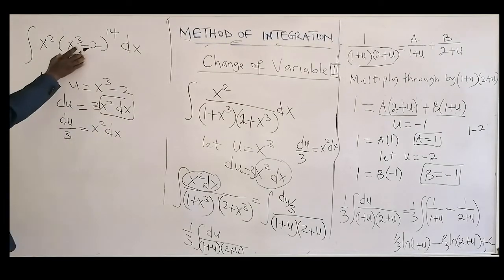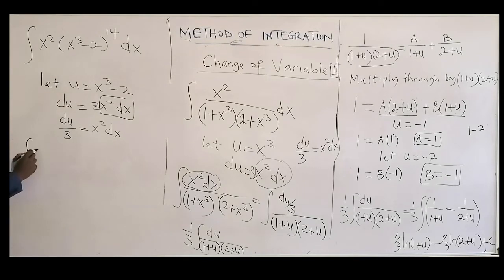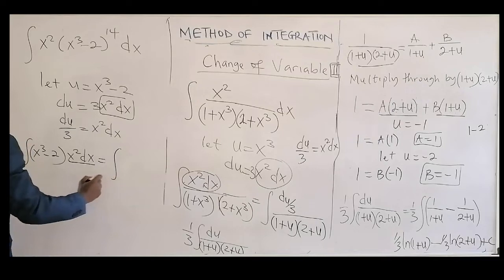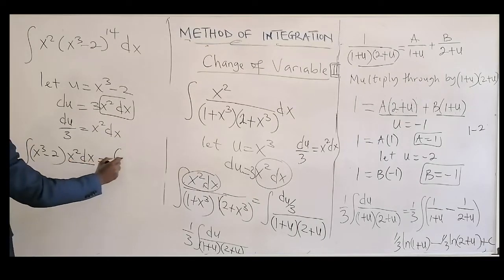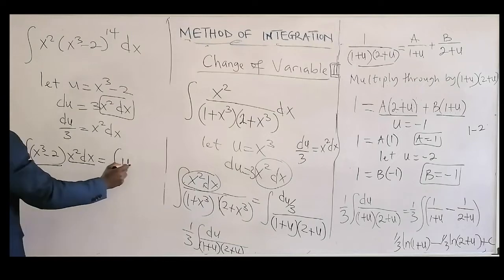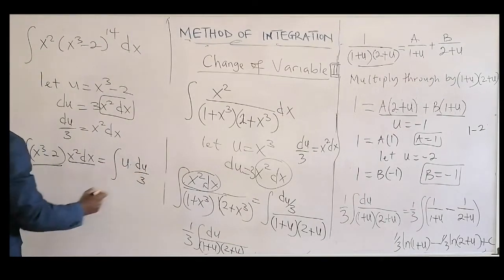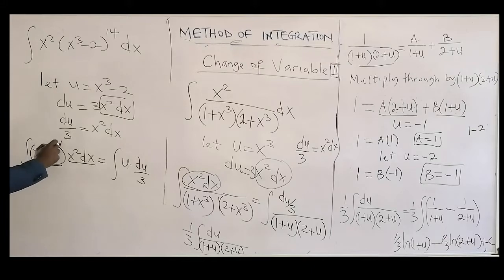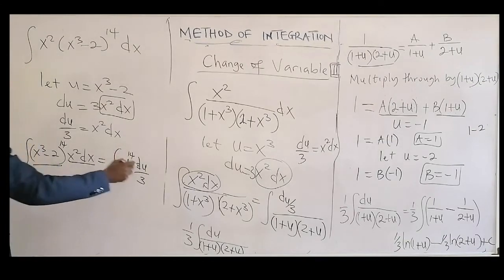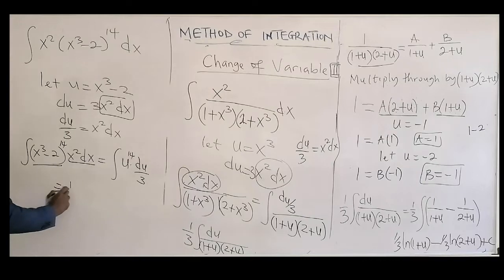So we can write this expression as the integral of (s cubed minus 2) to the power 14 times s squared dx. Then we have a value for this. This will be equal to u, and this one is times u over 3. Don't forget there is 14 on top here, so that's u to the power 14. So we have 1 over 3 integral of u to the power 14 du.